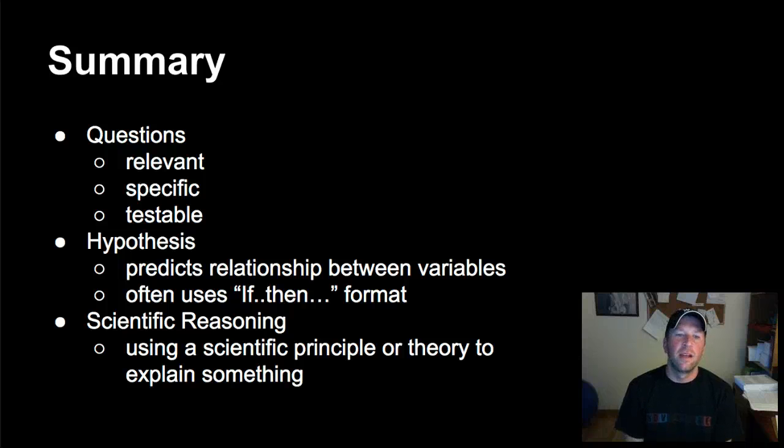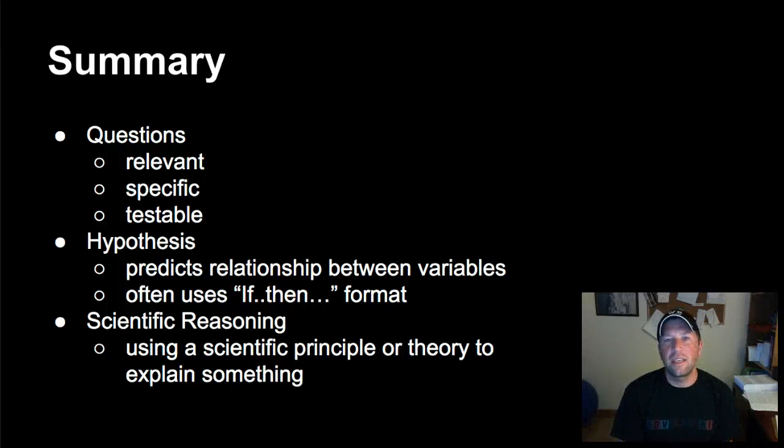For a hypothesis then, what I'm doing is I'm predicting the relationship between the variables. And a hypothesis often uses that if-then format. So in the example I gave, I said if they purchase the larger blocks, then I would expect there to be higher species richness. That's a good way to do it.